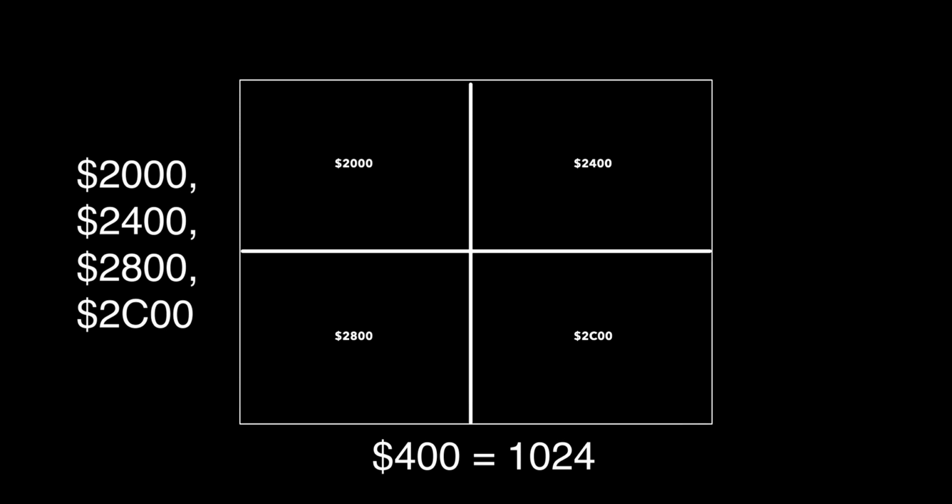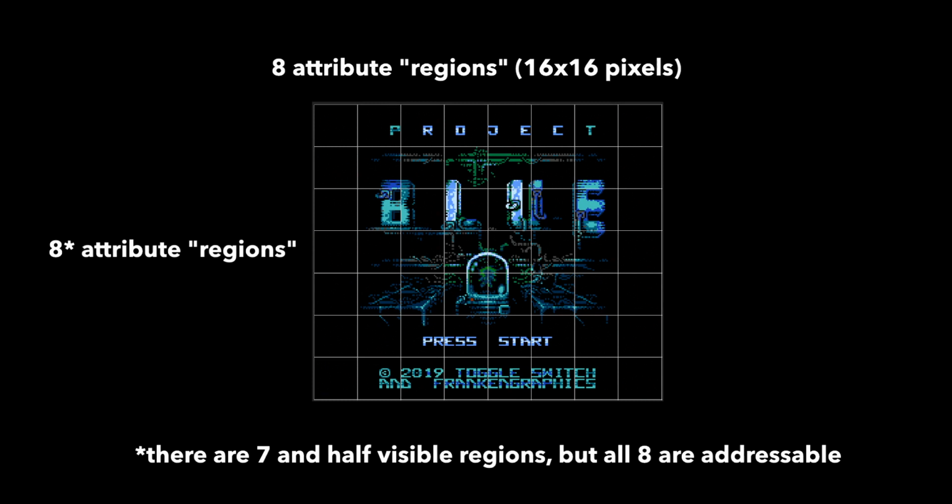So if you do the math real quick, you'll notice that there's 64 bytes left over after you've populated the full 960 bytes required to fill in all the 8x8 tiles. And what Nintendo did was they used those remaining 64 bytes to divide the screen up into 64 regions. And within those 64 regions, you use certain bits within each of those bytes to determine what tiles use what palettes.